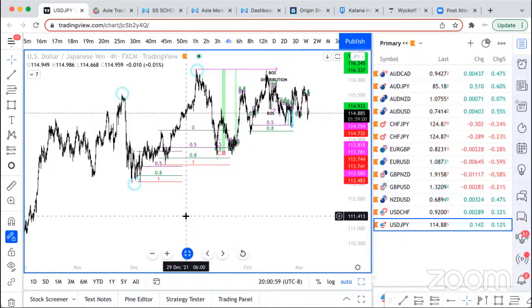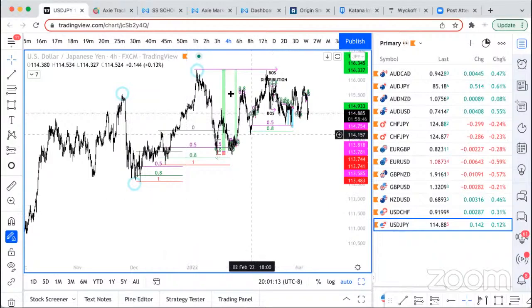Is that something you did for USDJPY to arrive where we are right now? Because I personally wasn't too interested in anything over the 4 hour. This is purely based off of our lower time frame structure, which is here.